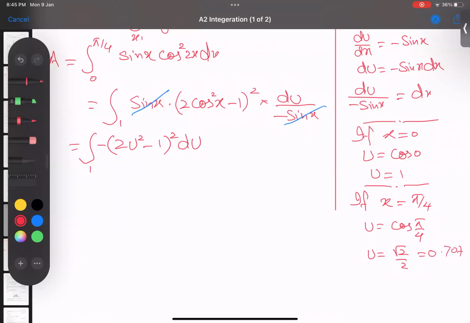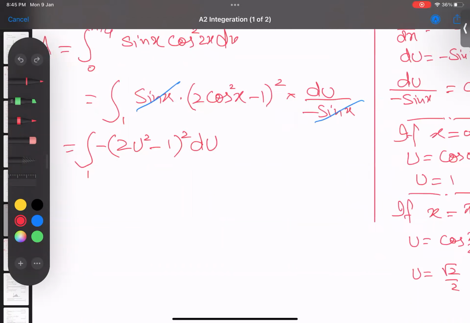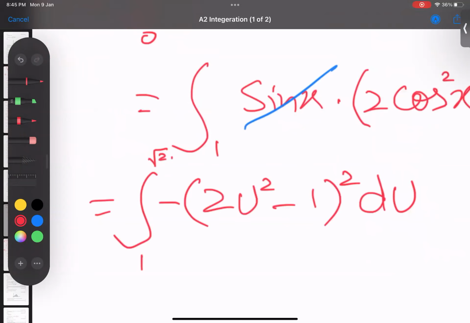We will not plug in 0.7. I want to just tell you one thing: the one is bigger, this is smaller. So I'm writing here root 2 divided by 2.